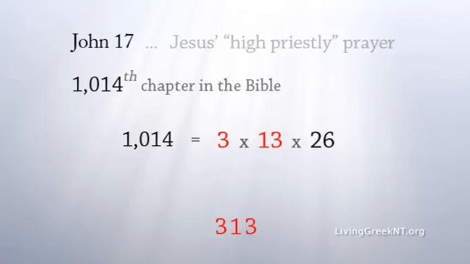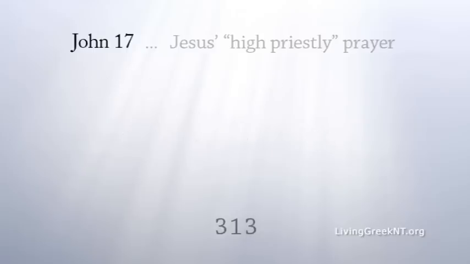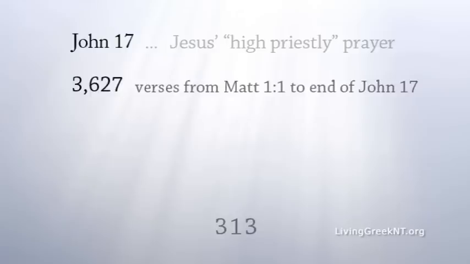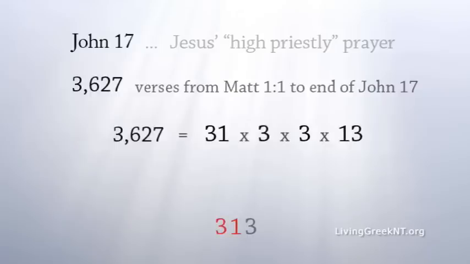The code connects the start of the Bible to Jesus' prayer. And then there is this. From the start of the New Testament to the end of John 17, there are exactly 3,627 verses. And 3,627 is 31 times 3 times 3 times 13. 313.